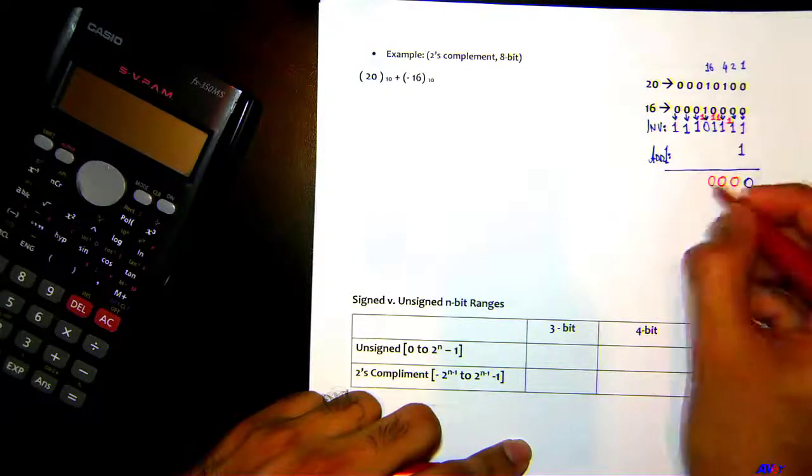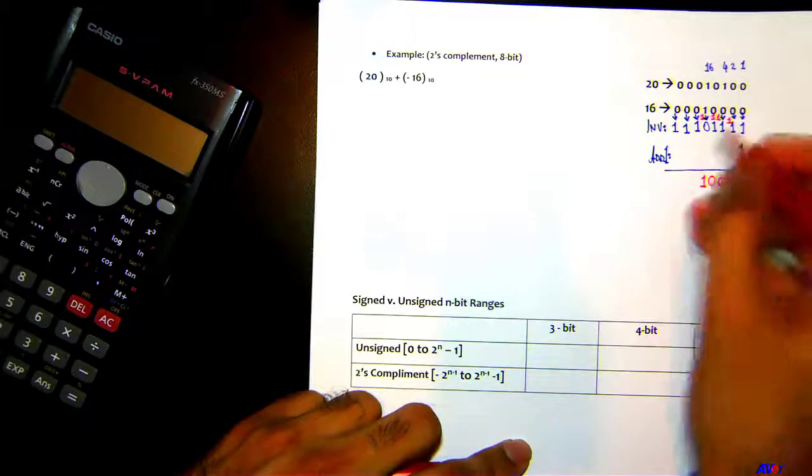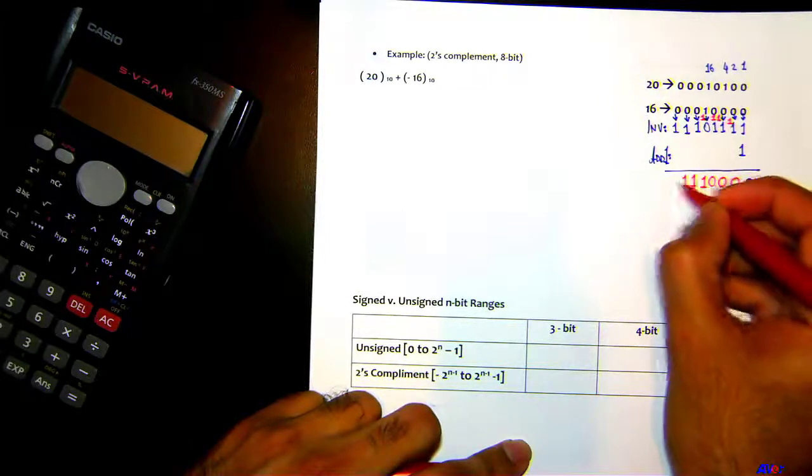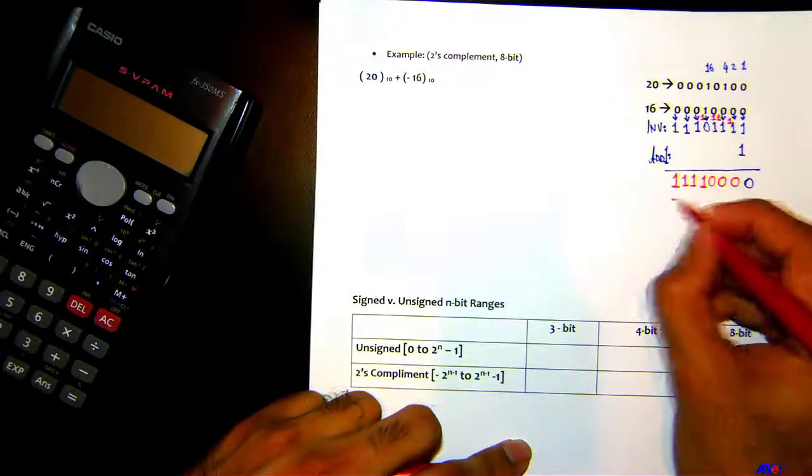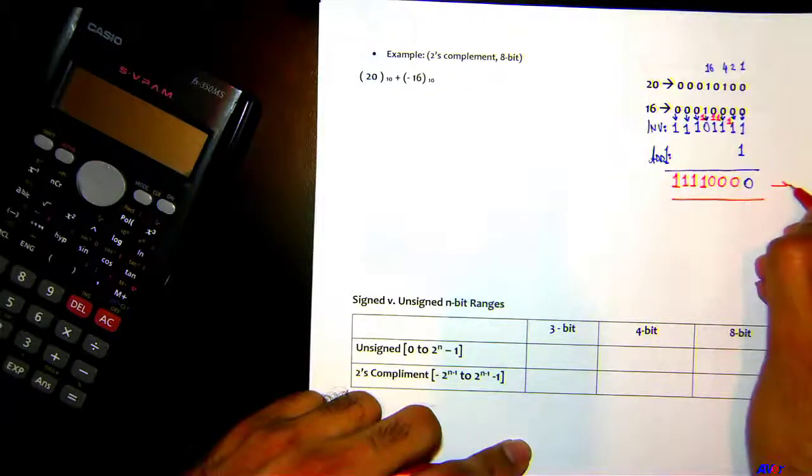This 1 comes out as it is. And then we have this 1, 1, and 1. 1, 2, 3, 4, 5, 6, 7, 8. So this is actually my negative 16 right here.